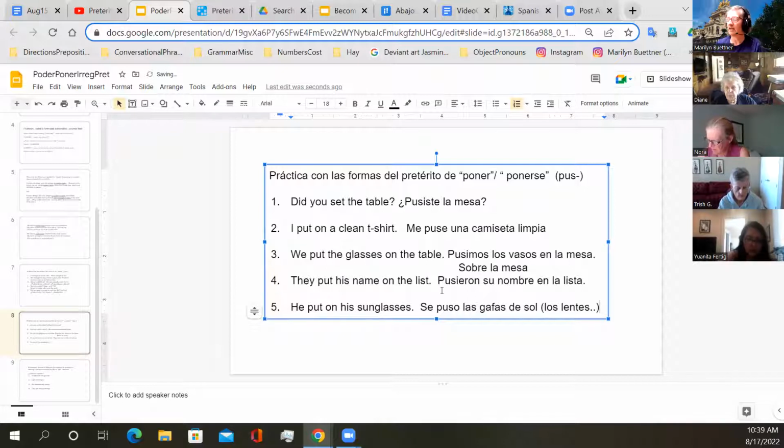Some regions like to use gafas. Some prefer to use lentes. It really depends. Depende. You just get your cue from listening to people talk. Se puso las gafas de sol. Bien.